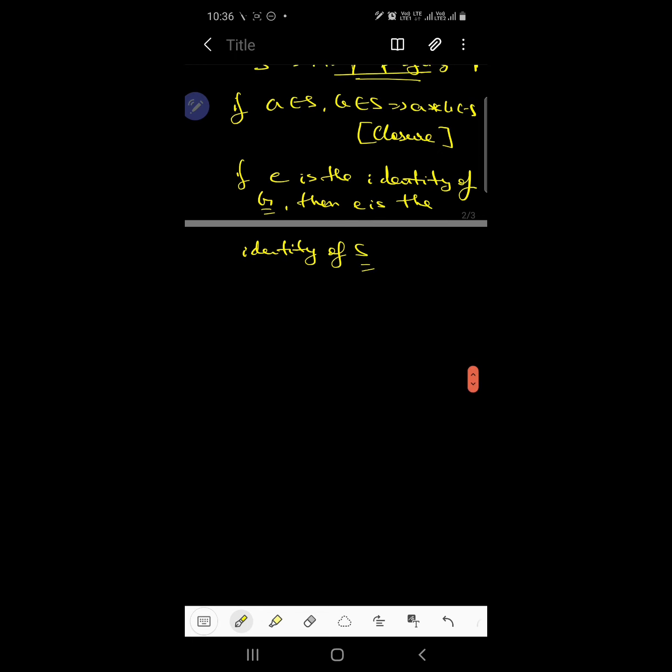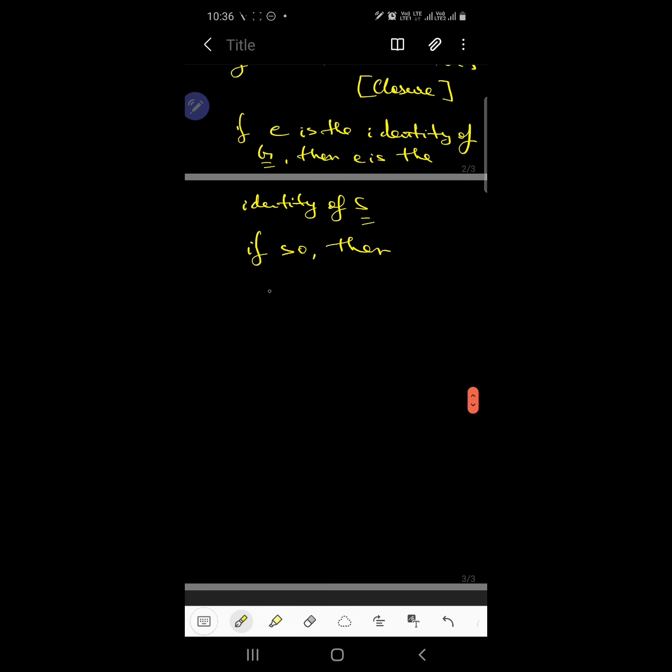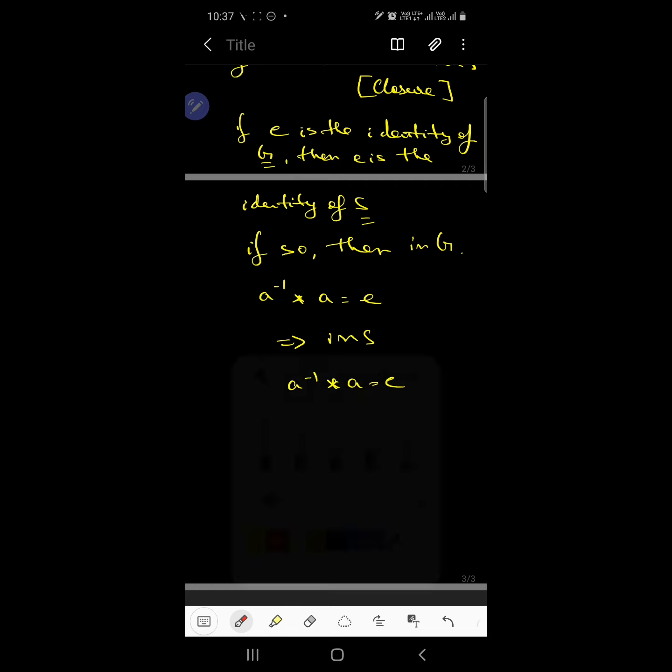Okay, so now in G, A inverse star A is equal to E. This also implies that in S, A inverse star A equals E. Now what is the reason behind that? I am just explaining it.